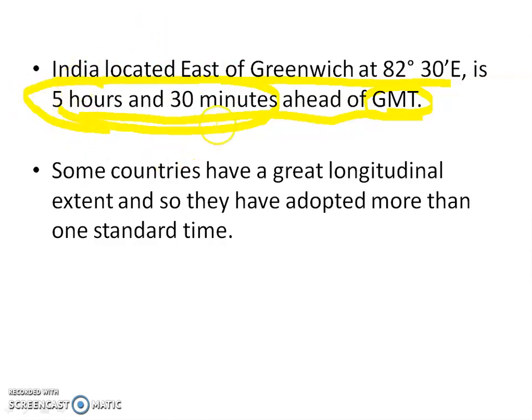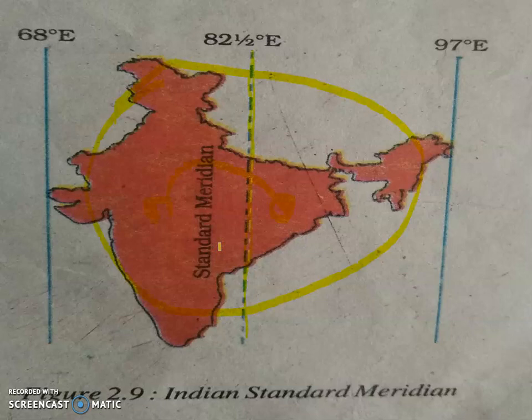Some countries have a great longitudinal extent, so they have adopted more than one standard time. In this case you can see there is only one standard meridian, because the longitudinal extent is very small.